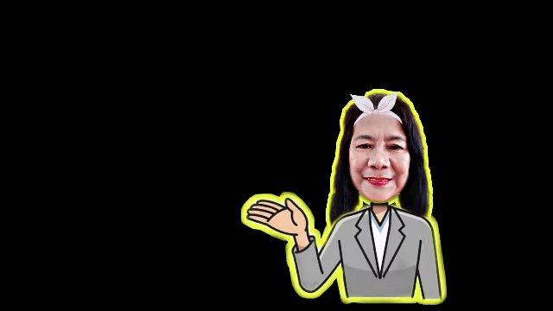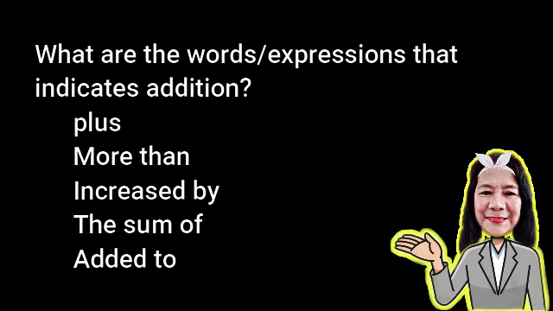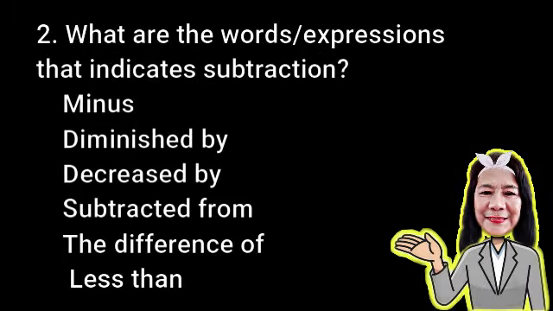Okay, for number 1 question, the expressions are plus, more than, increased by, the sum of, and added to. For number 2, the answers or the expressions are minus, diminished by, decreased by, subtracted from, the difference of, and less than.